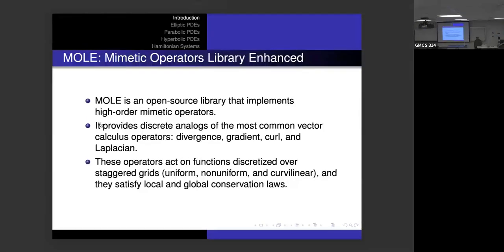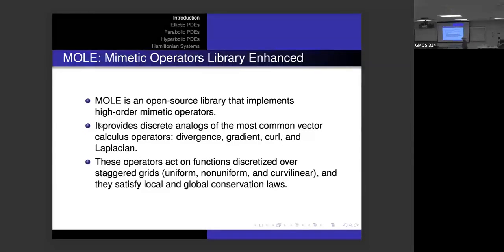As I said, we have a paper that was published, I believe this year, in JOSS, the Journal of Open Source Software, where it's described a little bit. We have published quite a few papers, using MOLE and without it, for solving different types of PDEs.